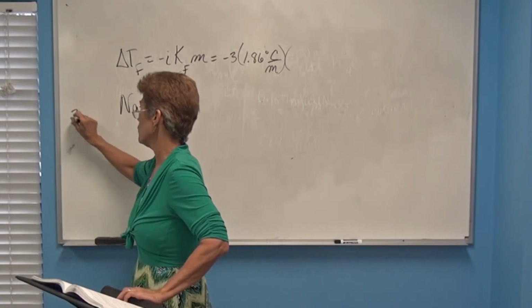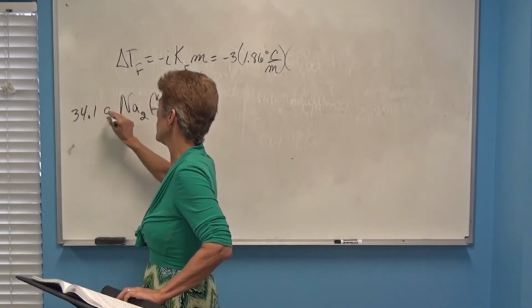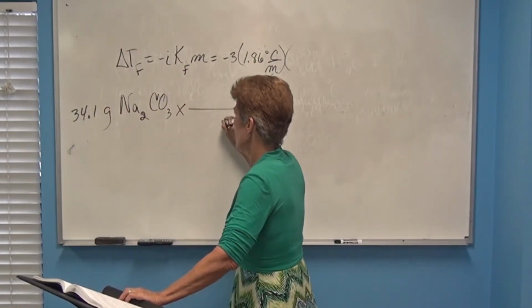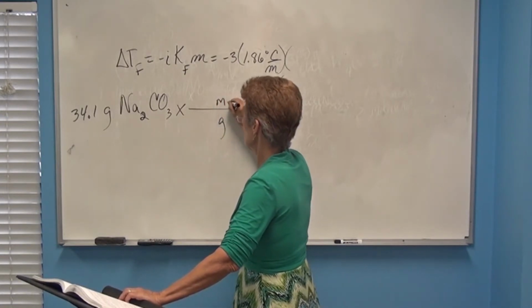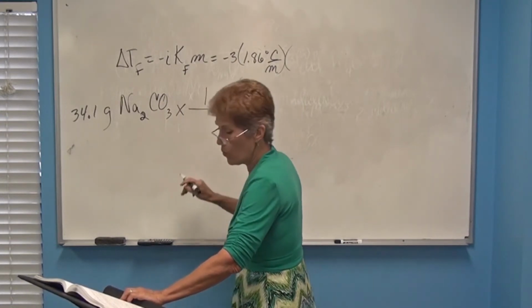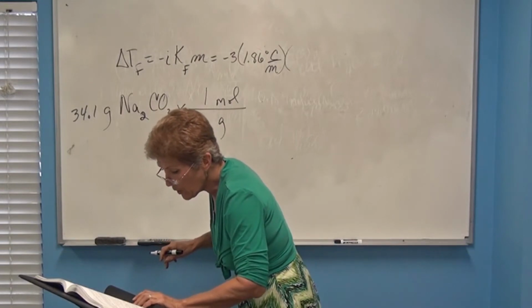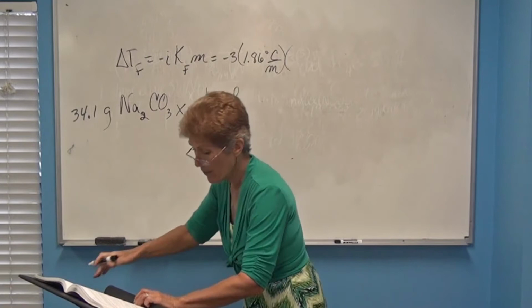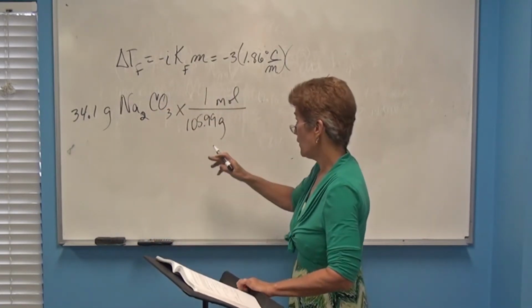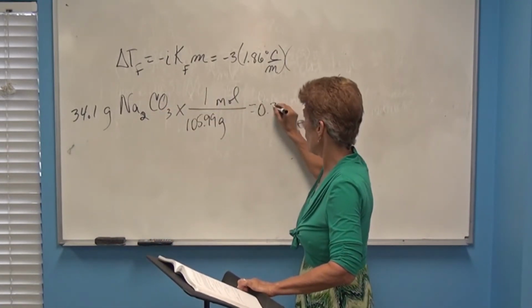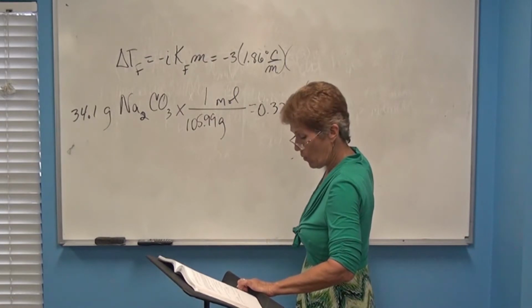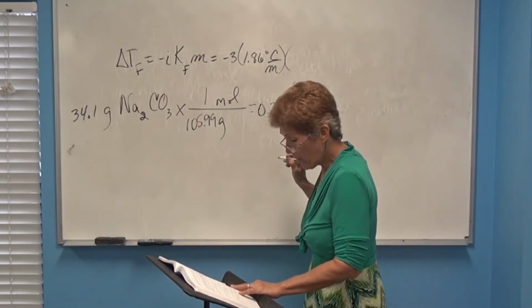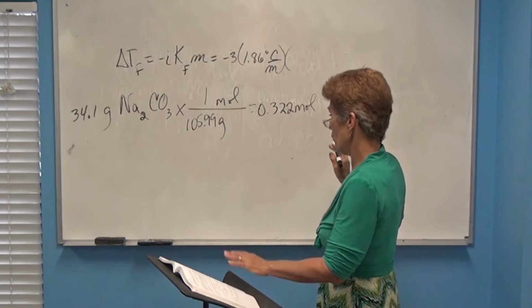So I'm going to save myself some trouble. 34.1 grams of this times, lined up, the grams of that to the moles of that, 1 mole is 105.99 grams of that. And 3 significant figures, 0.322 moles. Now we are told that we are using 500 kilograms of water.